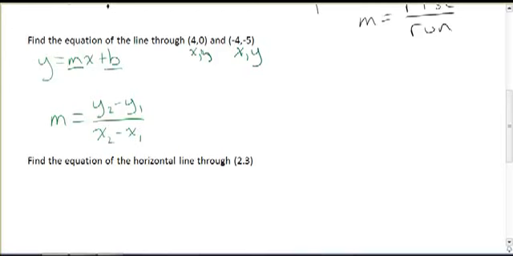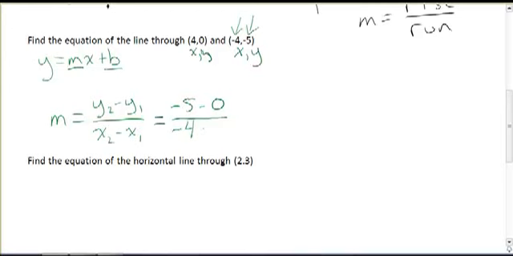So if I look at this particular pair, I have negative 5 minus 0 over, those are just my 2 y values. Now this is important. I have to put the x's in the same order I put the y's in. So since I put this negative 5 first, I'm going to have to also put this negative 4 first.